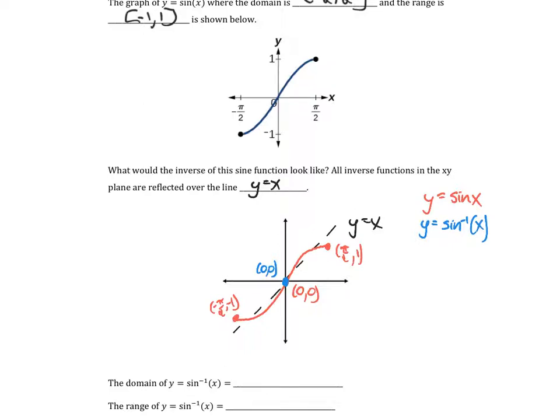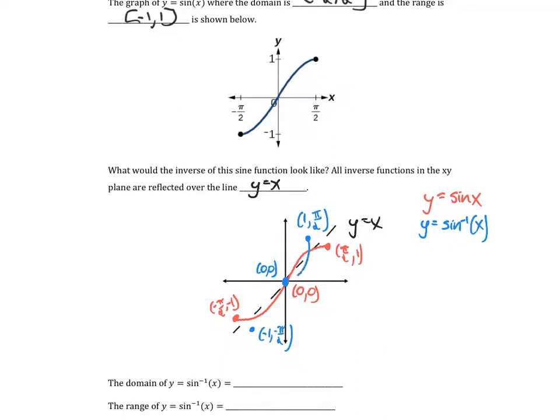Pi over 2, comma 1 would become 1, comma pi over 2. And the point negative pi over 2, negative 1 would become negative 1, negative pi over 2. And all the other points in between would also have their x values and y values swapped.